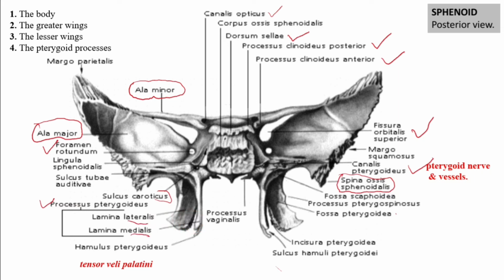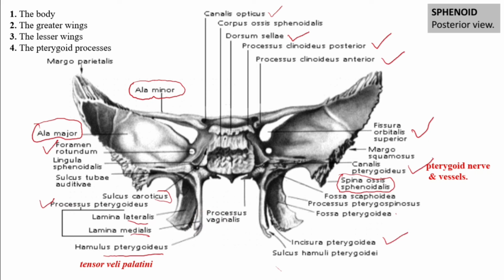Here there is a hook on the end of the lamina medialis. It's called hamulus pterygoideus. That's where the tensor veli palatini attaches, the muscle of the soft palate.